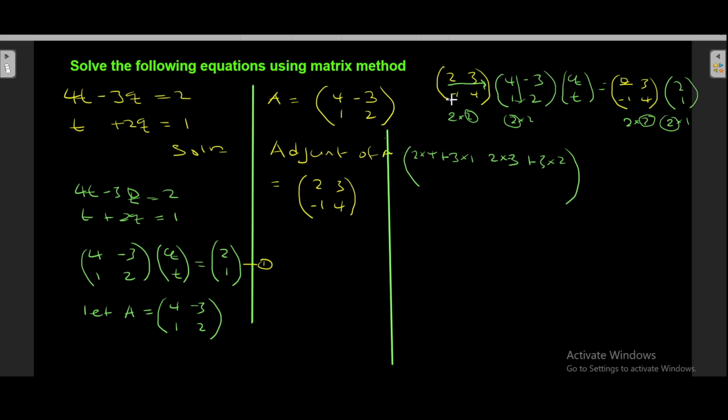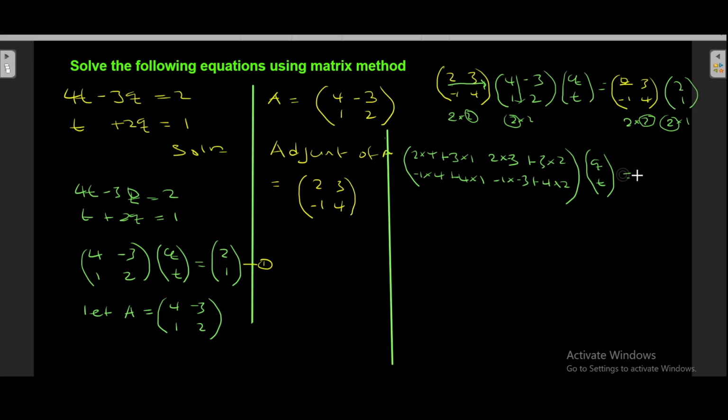We go to the lower one, negative 1 times 4, plus 4 times 1. This side, negative 1 times negative 3, plus 4 times 2. That's it. Here we are going to have q and t as our unknowns.